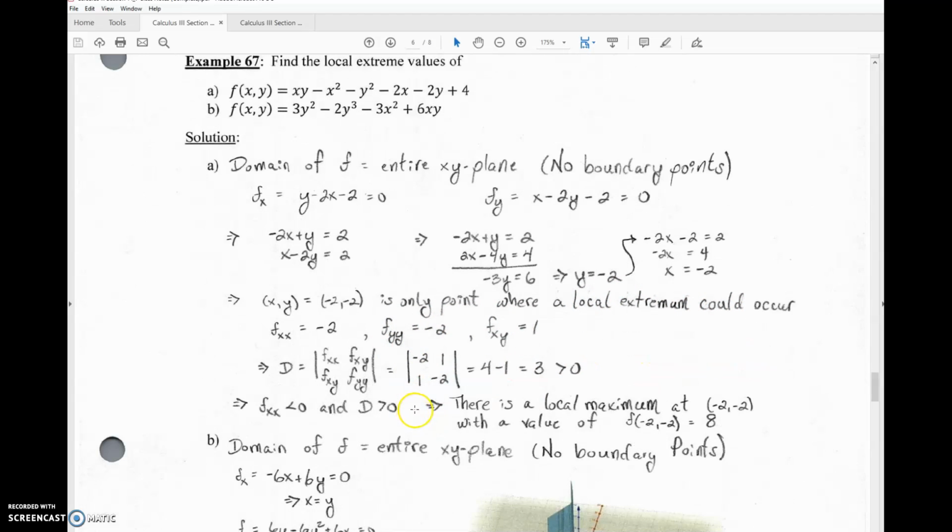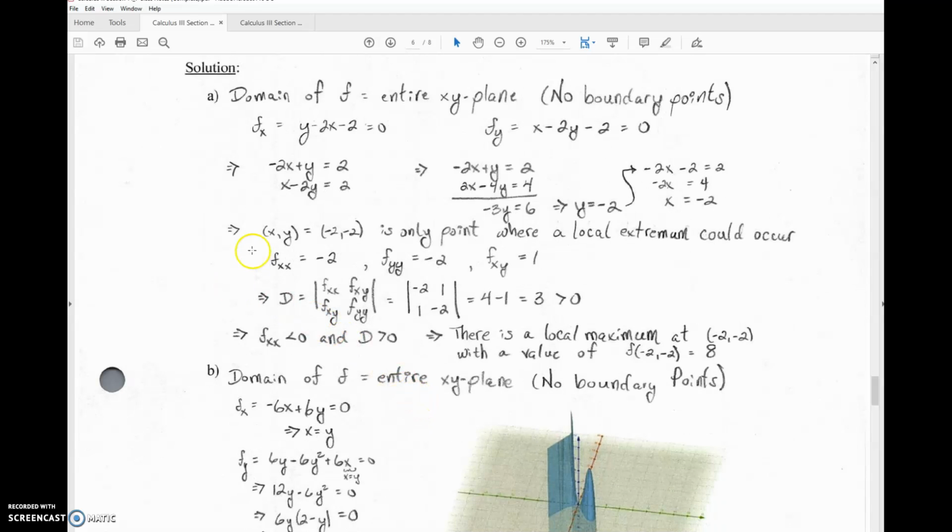So now we're going to do the second derivative test. I check the second partial of f with respect to x, and I just get minus 2. So that means the second partial is negative, which means that as long as the discriminant is positive, I have a concave down function there. So now we've got to get f sub yy and f sub xy, plug them into the discriminant, and I see that yes, indeed, the discriminant would be 4 minus 1, which is 3, which is positive.